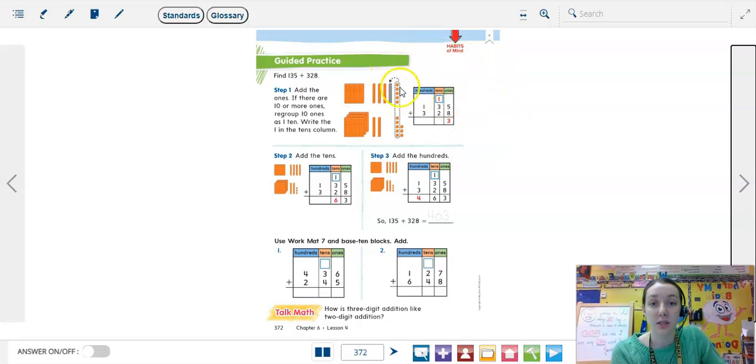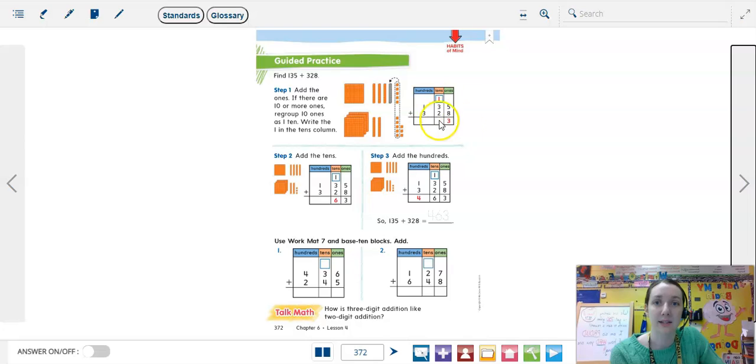Okay, so as you can see here, we had 1, 2, 3, 4, 5, 6, 7, 8, 9, 10, 11, 12, 13. So they took 10 ones and made it a 10 stick and left 3 left over. So let's look at what that looks like in the standard algorithm. First, it's important that you have all your ones, tens, hundreds lined up. As you can see, they have it in columns like this.